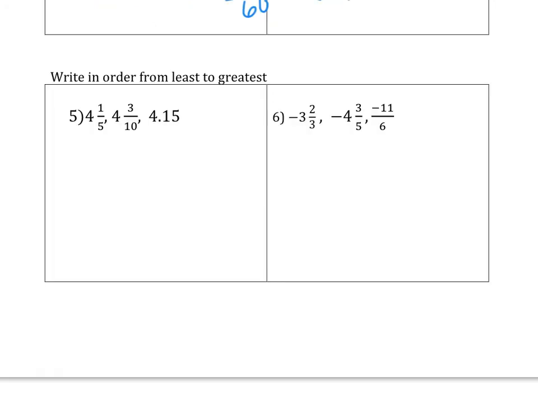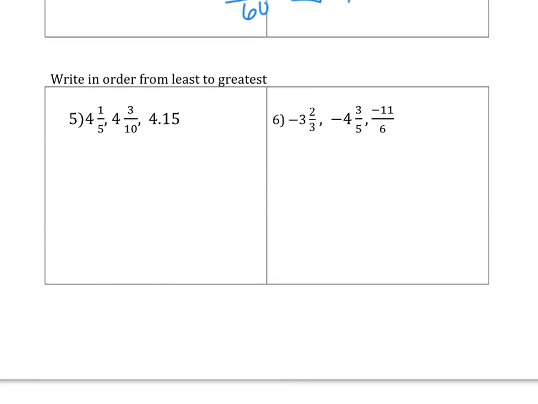Number 5, we want to write in order from least to greatest. So I have fractions and I have decimals. So I'm going to start by turning my 4.15 into a fraction, and that would be 4 and 15/100ths. And if I reduce that down, that's going to be 3/20ths. So it would be 4 and 3/20ths.